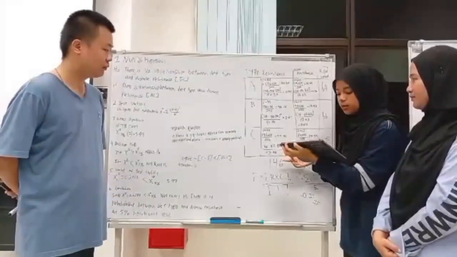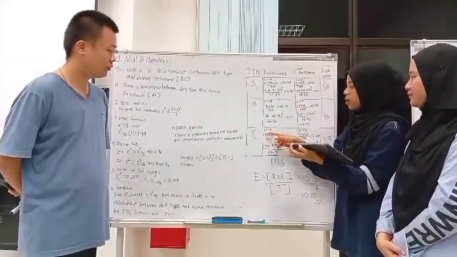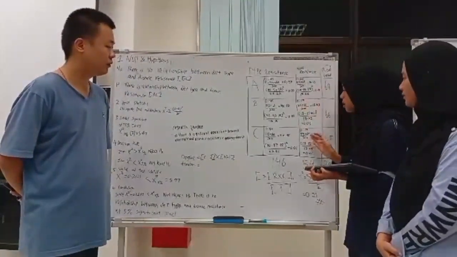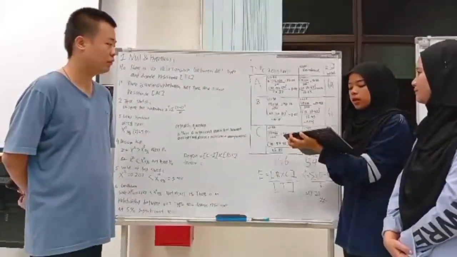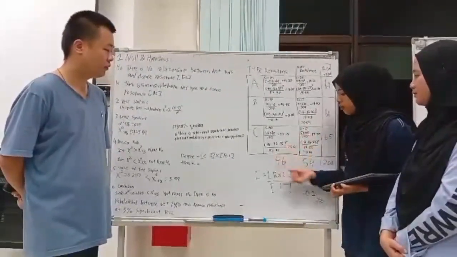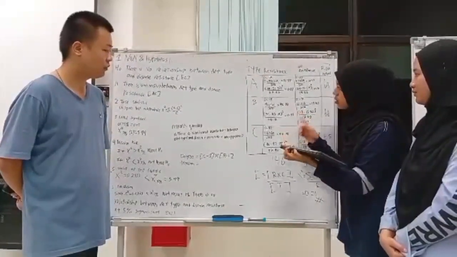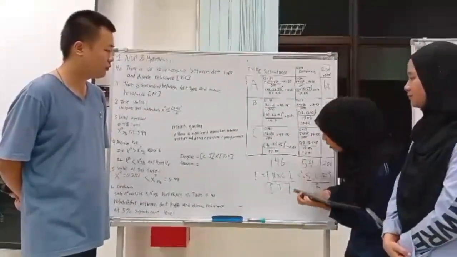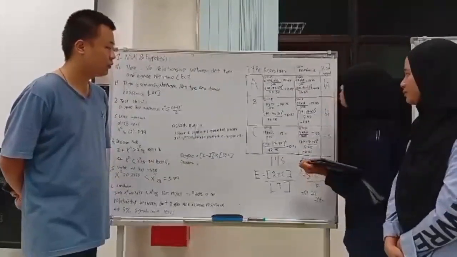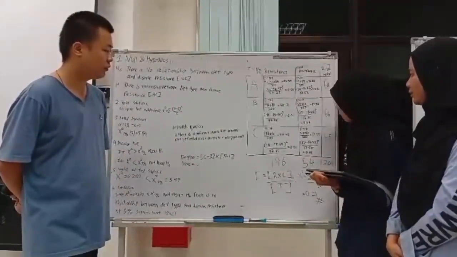At first, we got the expected values, and next we use the same formula. 47, 45 and resistant we got 17.55.